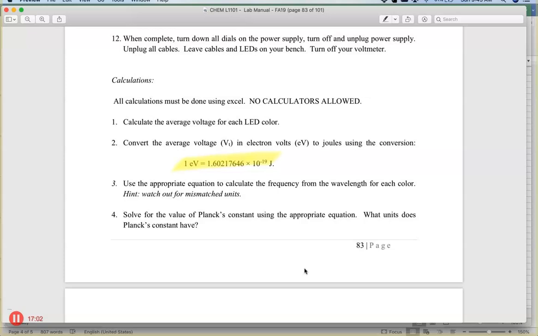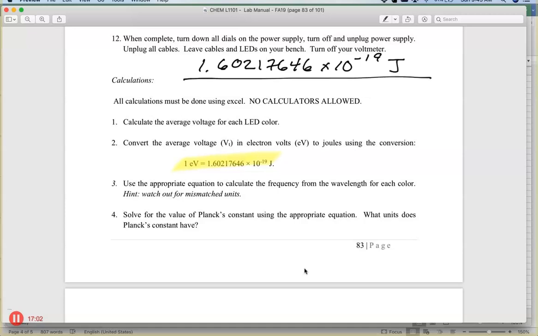So as a conversion factor, I'll try to find some space to write, we can say 1.602176646, and all those numbers are known accurately. That's why we can include them. It's not rounded off or anything like that. That's how many joules one electron would have if it's accelerated through 1 volt, and that's what we represent as an electron volt.